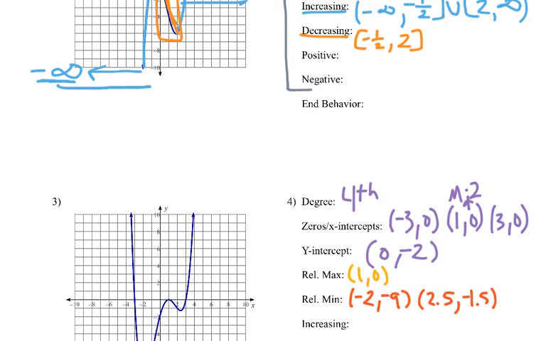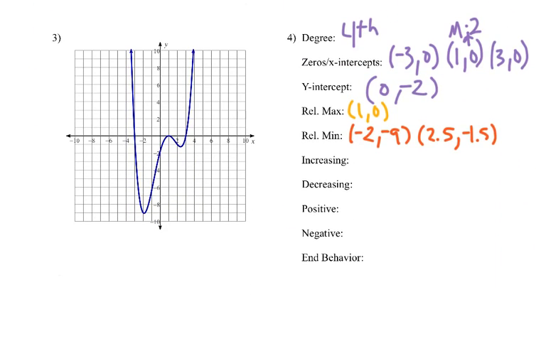So let's do that for all of these, and then we'll go back and do positive and negative. Again, this time it starts up high, so it's decreasing till it hits that minimum, then increasing till we hit that maximum, decreasing again, and then increasing again.